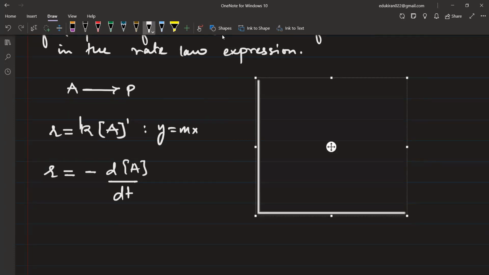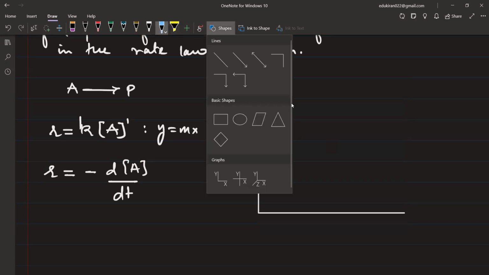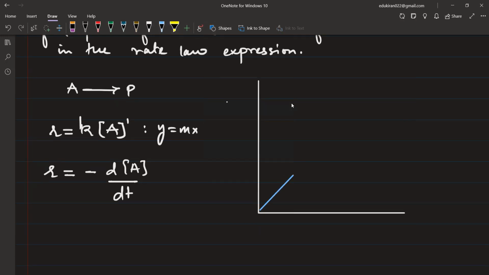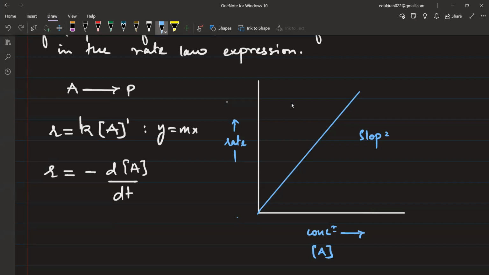These graphs pass through the origin. So the shape will be something like this. We have here the concentration of A, the reactant, and here we are having the rate. Fine, so this is the plot. What is the slope here? Slope will be equal to the rate constant K.